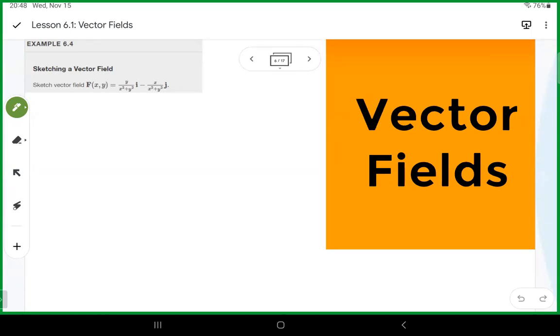All right, so it says to visualize this vector field, first note that the dot product of F(a, b) dot a i plus b j is 0 for any point (a, b).